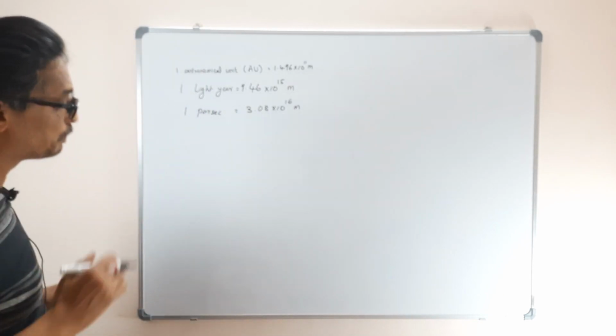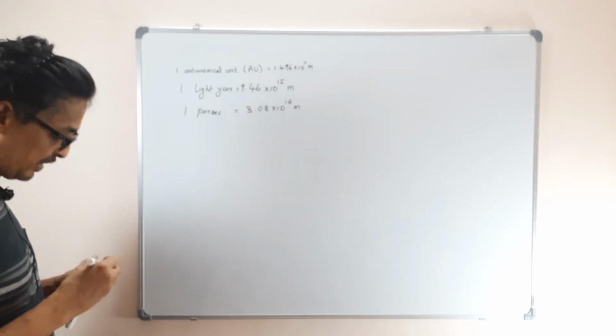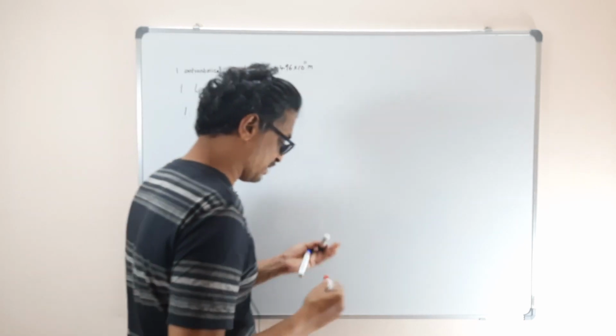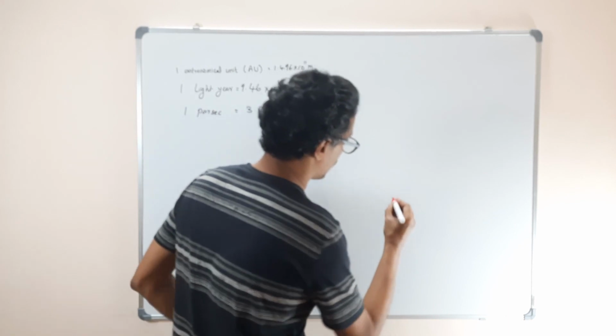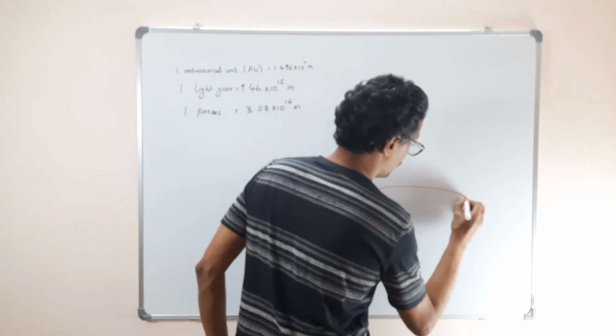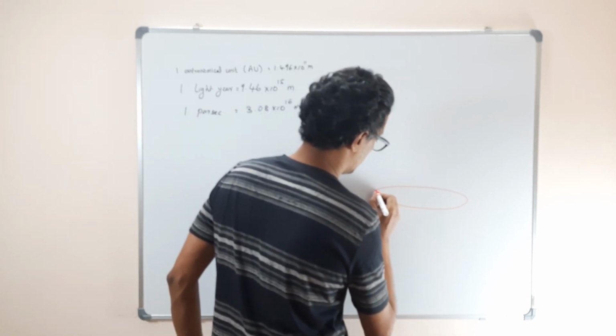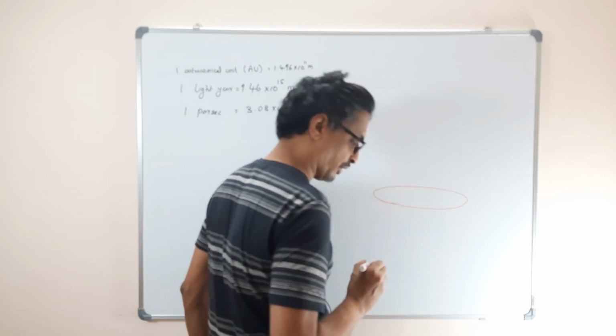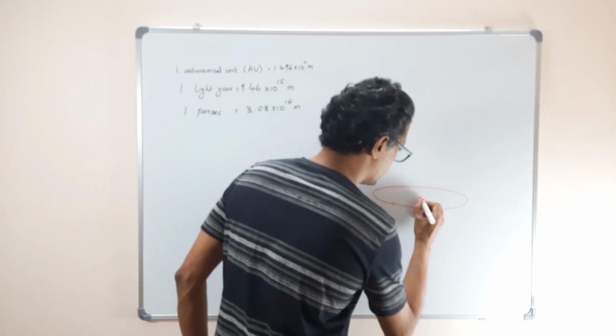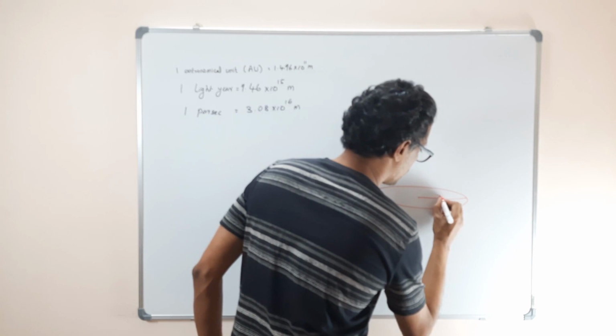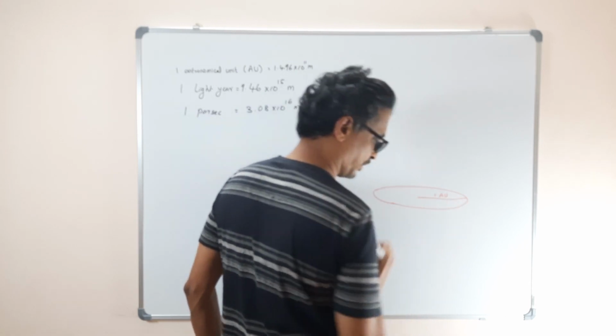So what is this parsec distance? That's very interesting. If you remember what the astronomical unit is, suppose this is the sun, and this is your AU, 1 astronomical unit.